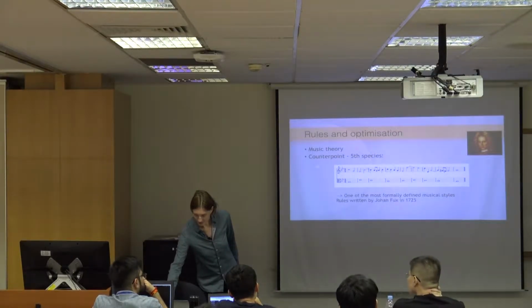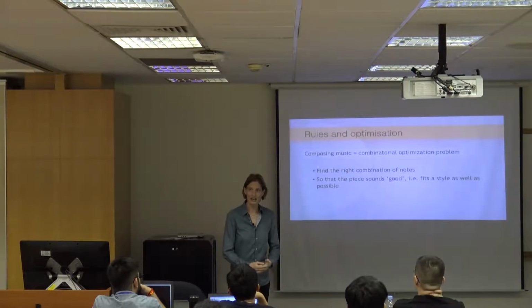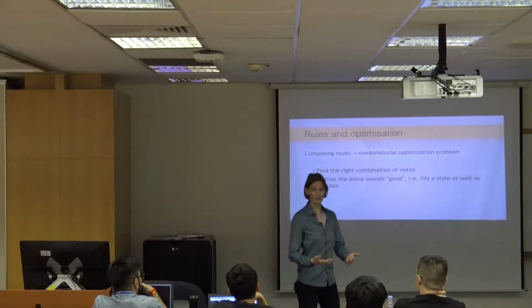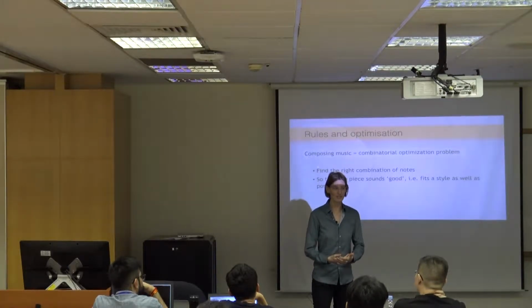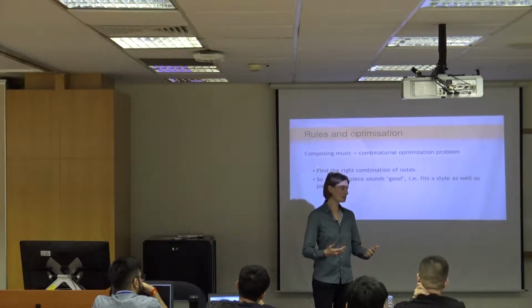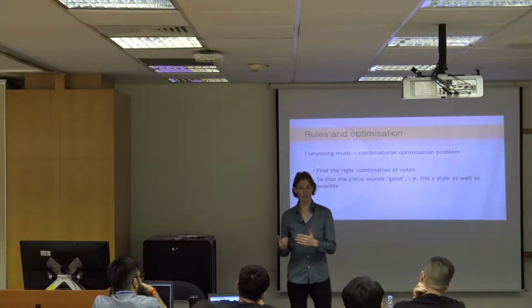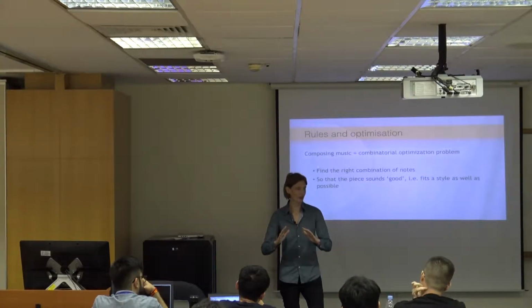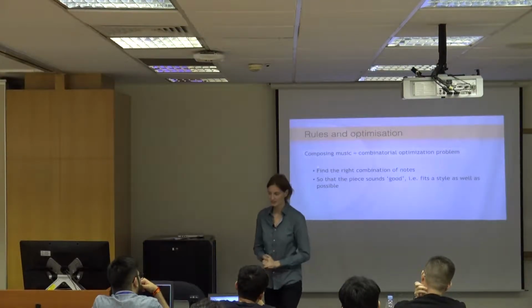Now, in my very first research for my PhD, I thought that composing music could be a combinatorial optimization problem, whereby we say we want to find the right combination of notes so that the music sounds good. And music sounds good if all the rules are satisfied. It's almost constraint programming.